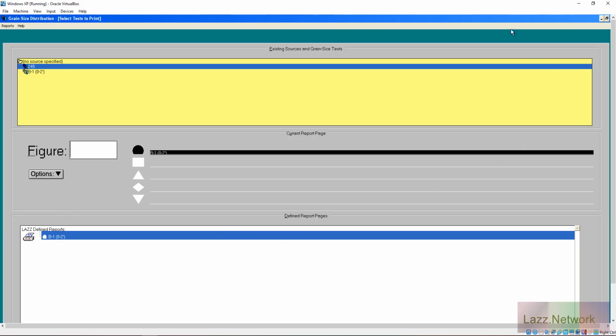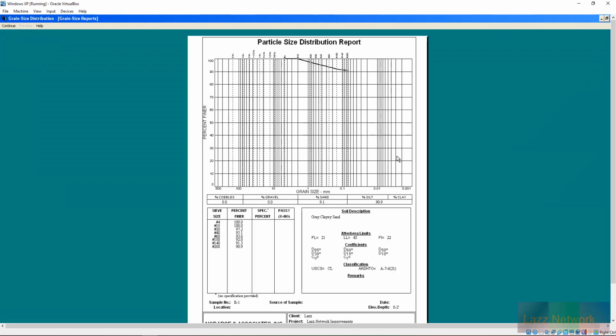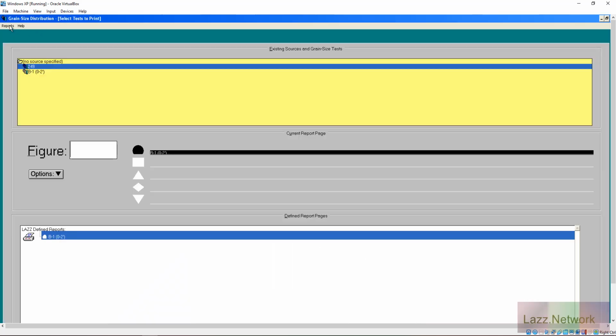Where the fuck's my preview? Here we go. Oh wow, that's weird. None of these values are filled in. Oh, because I'm looking at the wrong report. I grabbed the wrong one. Shit. That's not what I wanted.